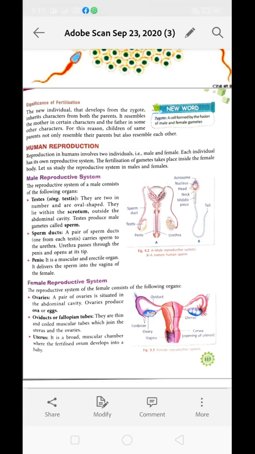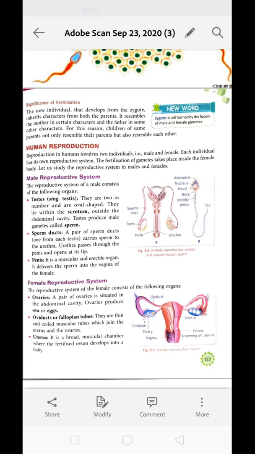This means the chances of evolution and the chances of development of new characters are more in the case of fertilization, or the sexual method. In sexual reproduction, the chances of gaining new characters are more in comparison to the asexual type of reproduction.